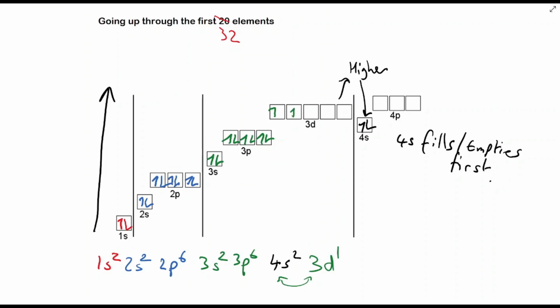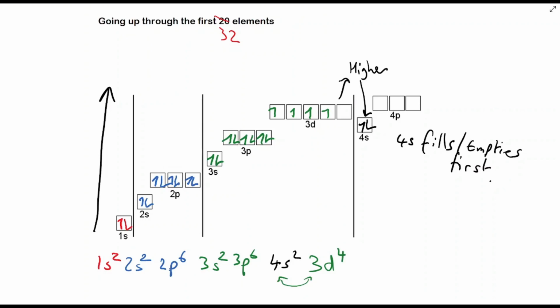Then we've got 3d2, which is titanium, vanadium, which is 3d3, then we've got chromium. Now chromium should be 3d4, 4s2.